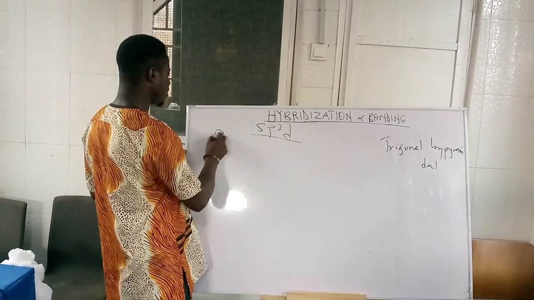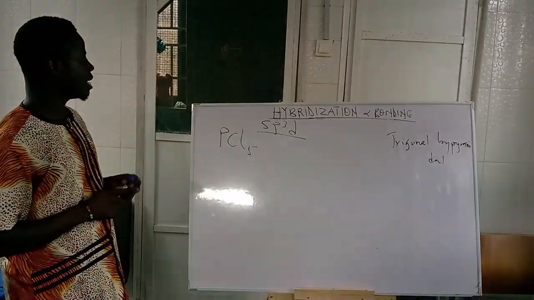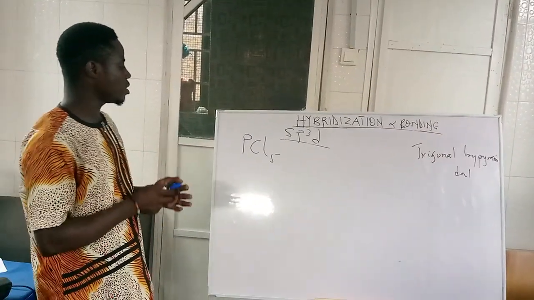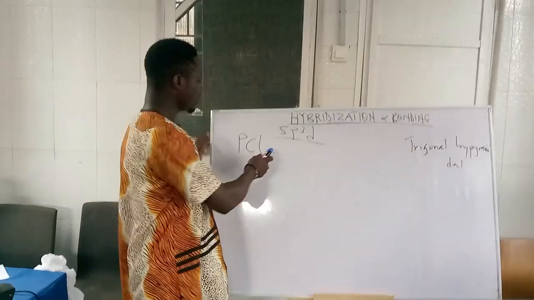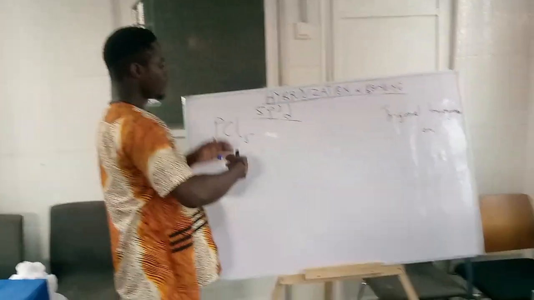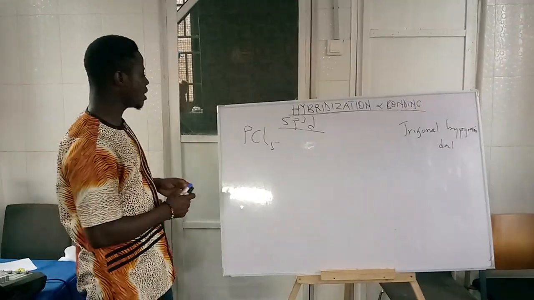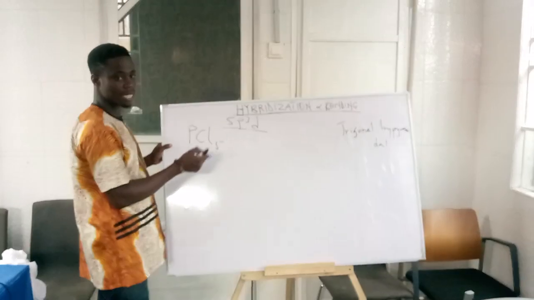For instance, if you have PCl5 and you want to demonstrate the type of hybridization that is formed, we said that this should be bonded with 5 hybrid orbitals. In all the examples we gave, the atom bonded has the same number of hybrid orbitals.